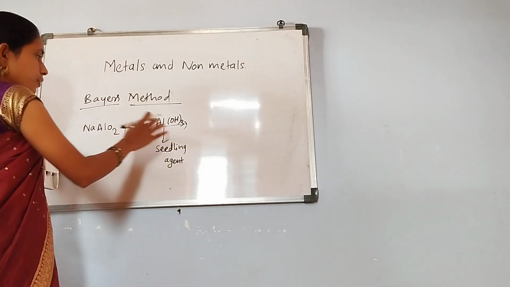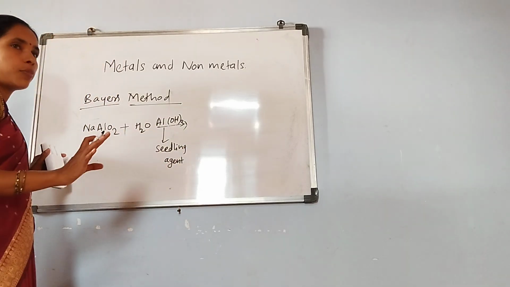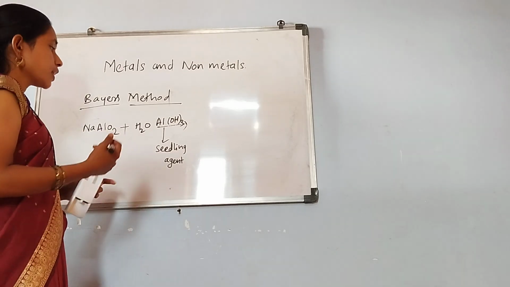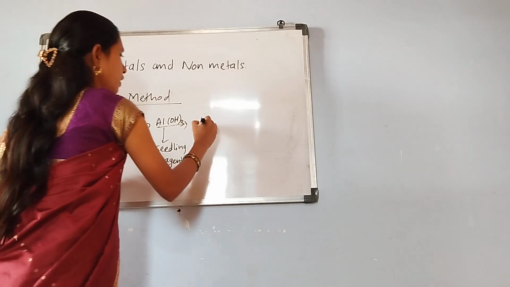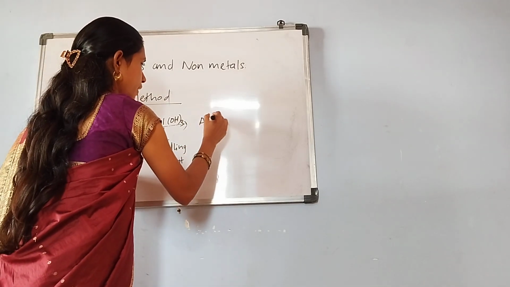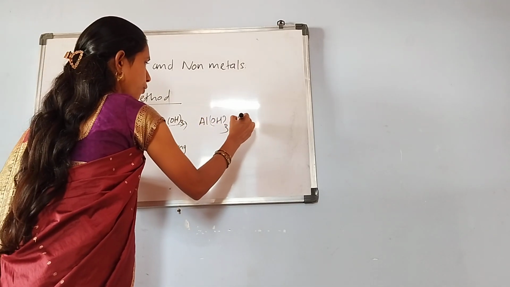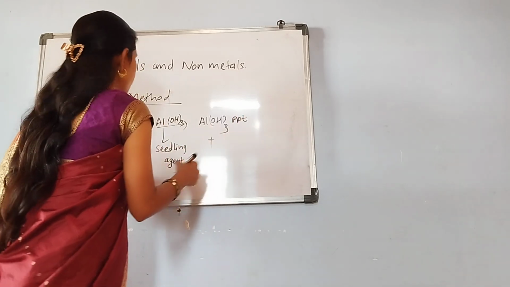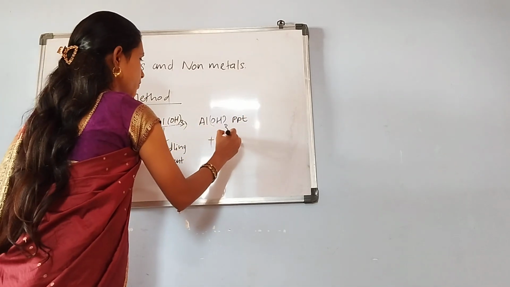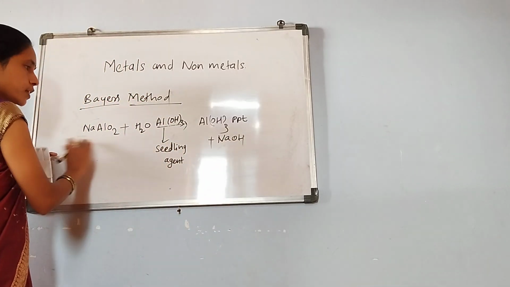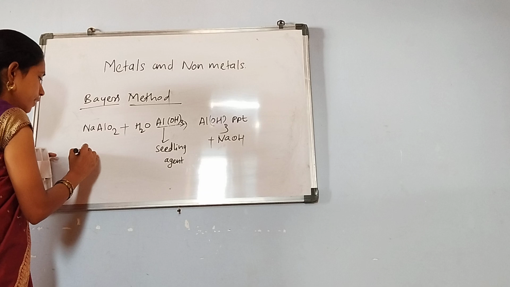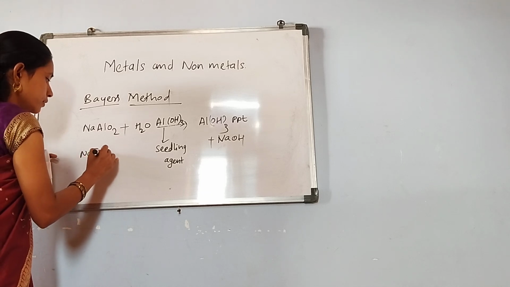Seeding agent means, for example, we use a mango seed, then we will get a mango fruit. Like that we get the compound Al(OH)3 here. This is in the precipitate form. And we are getting which compound again? NaOH. Now Fe2O3 is already removed, and only one is left, that is Na2SiO3.